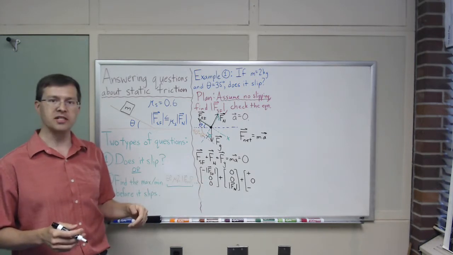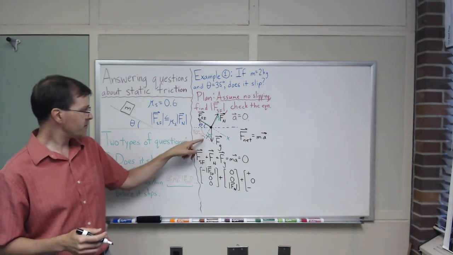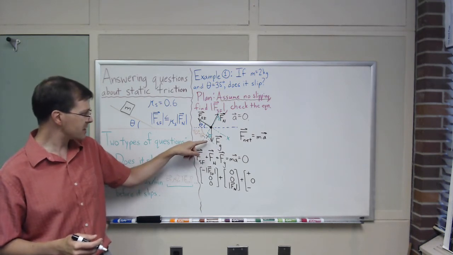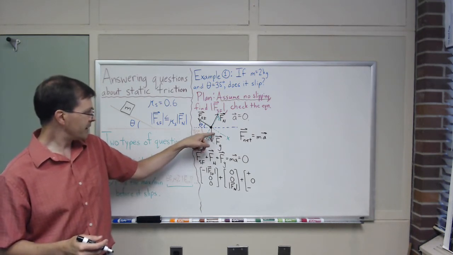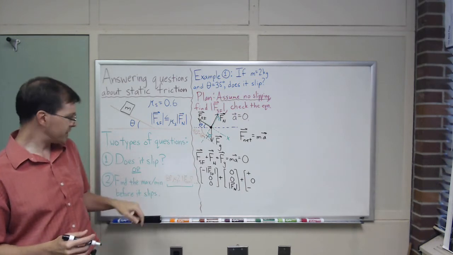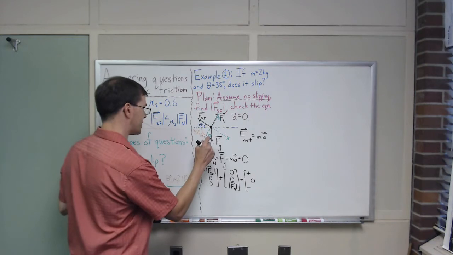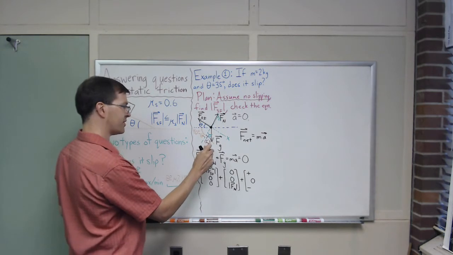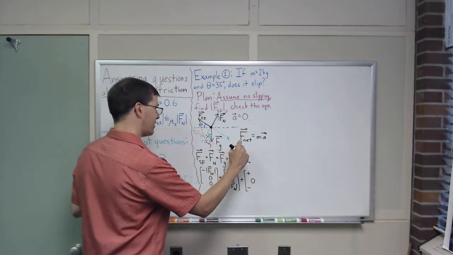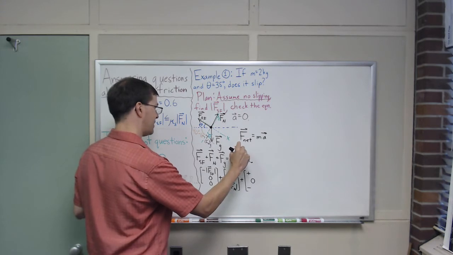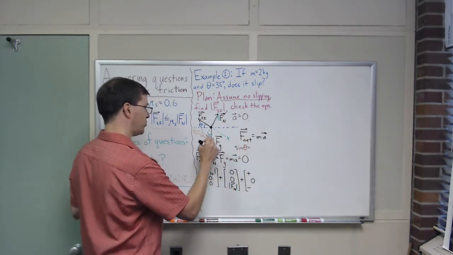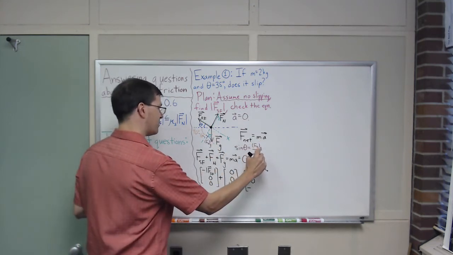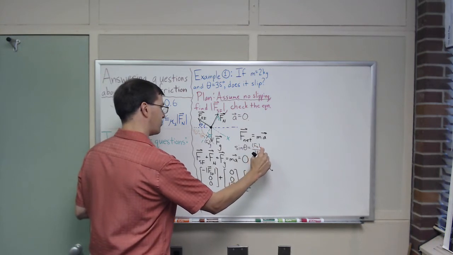Now I look at trig functions and I say, okay, for my x component, am I looking at a sine or a cosine of theta to give me the x component? Well, this is opposite, and that's the hypotenuse. So in particular, if this is the x component of the gravitational force, I can write down that the sine of theta is equal to the opposite side, Fx gravity, divided by the hypotenuse, the magnitude of the gravitational force.